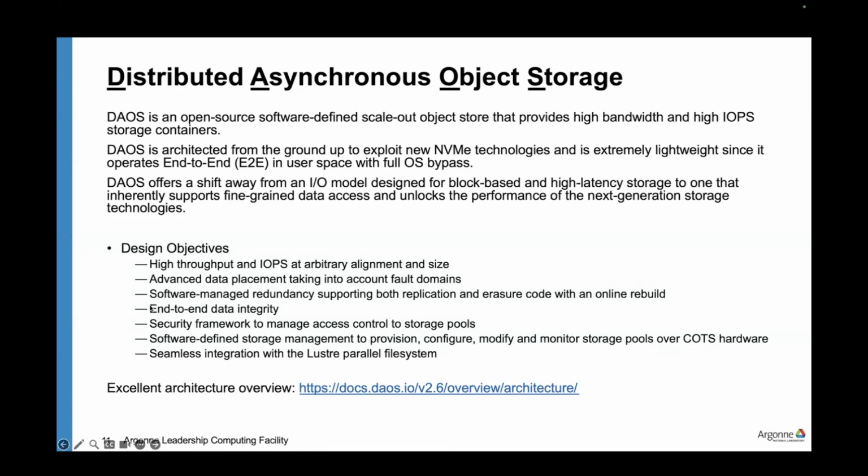End-to-end data integrity. We'll see as we start talking about pools and containers that we have a high degree of flexibility with DAOS in order to pick almost exactly a container or an access model on top of DAOS that suits our application workloads. We can pick from redundancy versus erasure coding. We can pick to choose none of those and to run the risk of having a node go down.